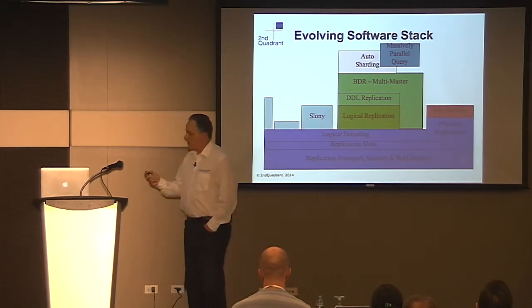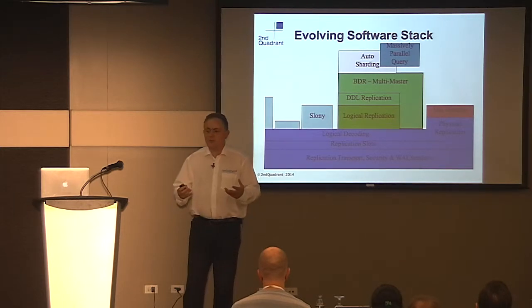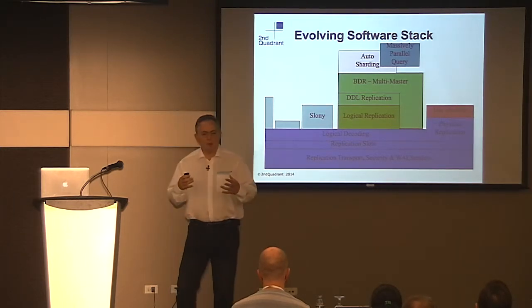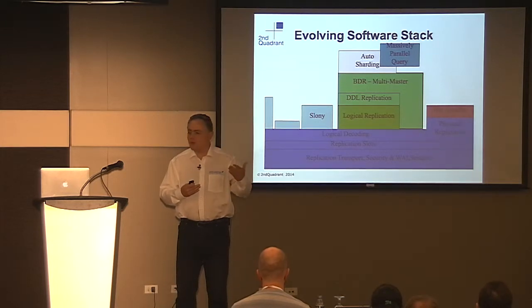So what I wanted to do here was present to you a graphical representation of the things that we're working on and how they relate to each other. And this idea of a software stack that's basically slowly building the feature set, and that each time we add a feature, it's adding on to what's gone before.